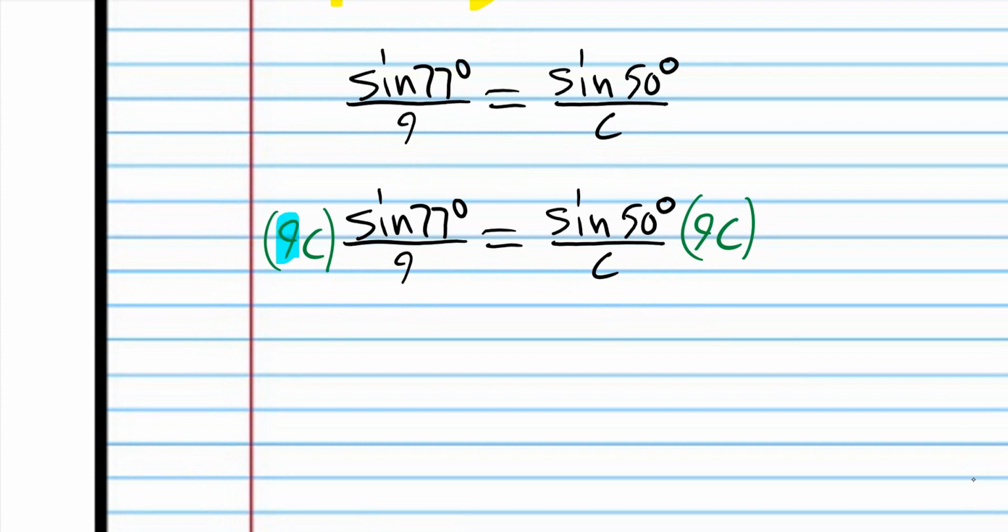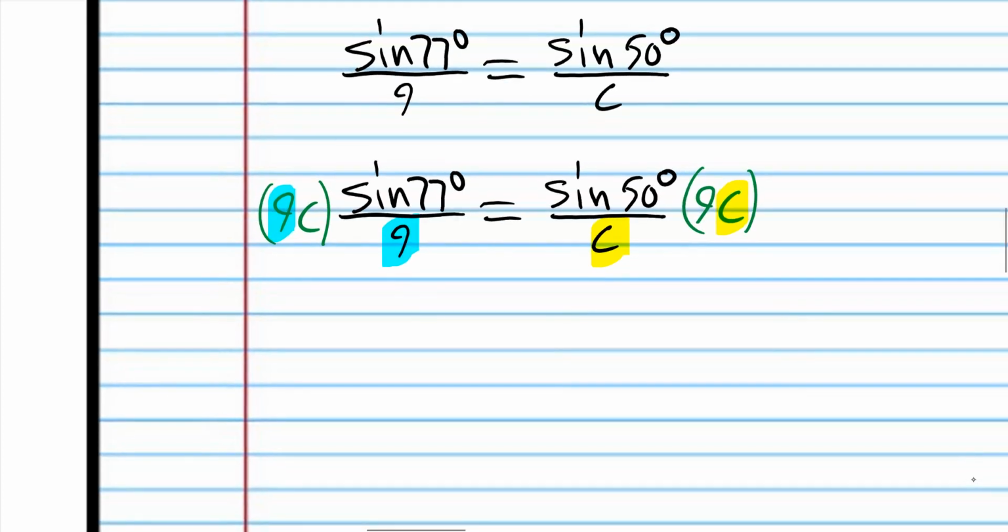Now, when you do that, the 9's cancel out and the c's cancel out because we have a 9 on the top and a 9 on the bottom. So we end up with c times sine 77 degrees, and the c's cancel out, so we have 9 times sine 50 degrees.